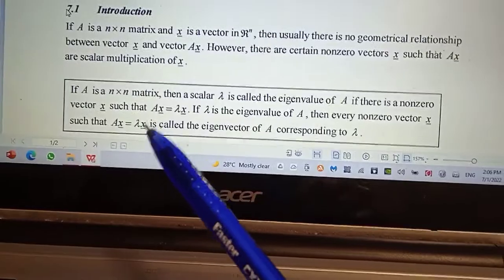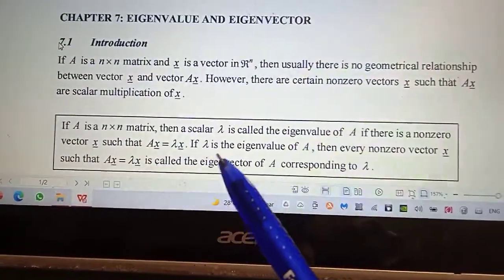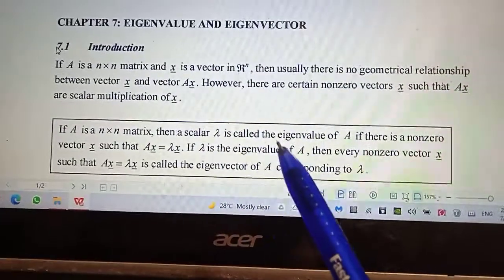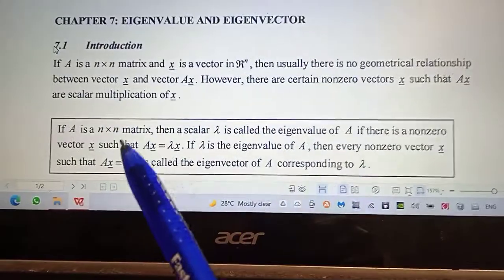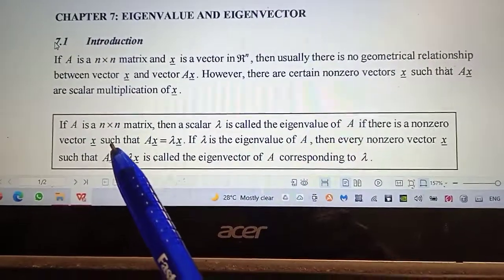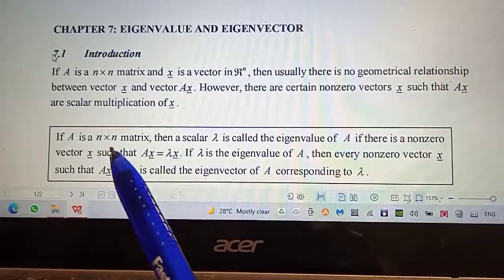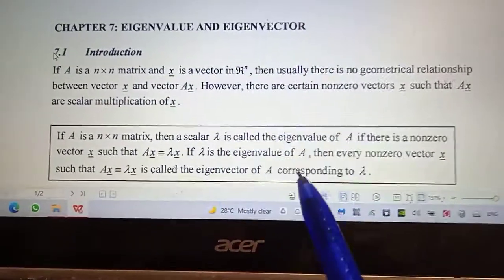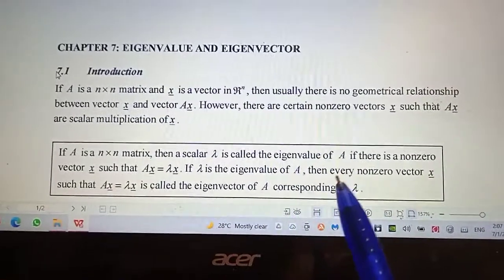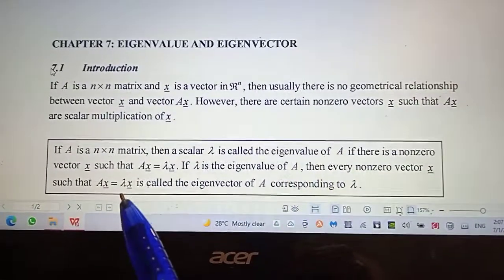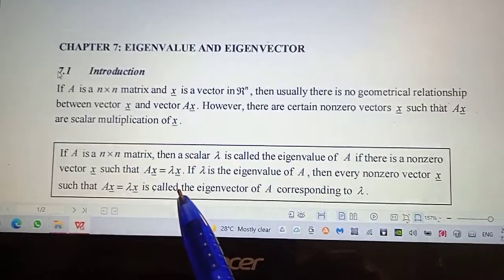Okay, for definition, if A is a matrix, the scalar lambda is called the eigenvalue of matrix A. Lambda is a respective, corresponding value for matrix A, or it is specifically called the eigenvalue of A, if there is a non-zero vector x such that Ax equals lambda x.